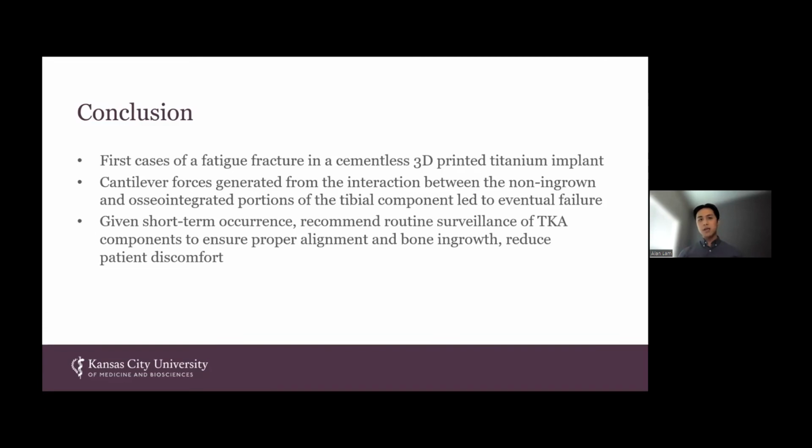And given the short-term occurrence, we recommend routine surveillance of the knee replacements through radiographs and X-ray to ensure the proper alignment of those prosthetics, as well as adequate ingrowth around the structure, but ultimately to reduce patient discomfort.